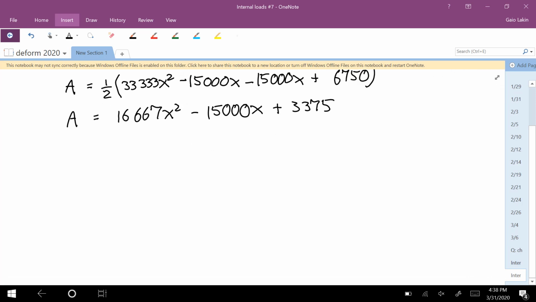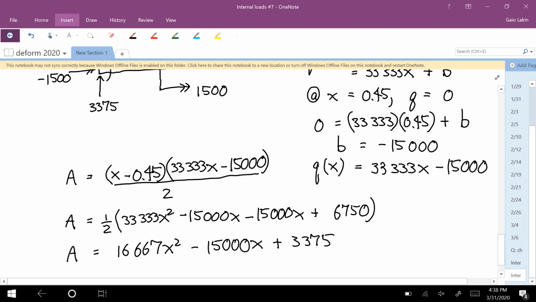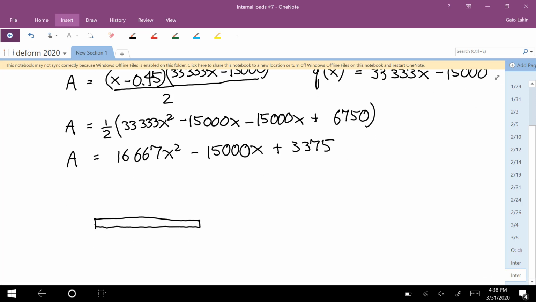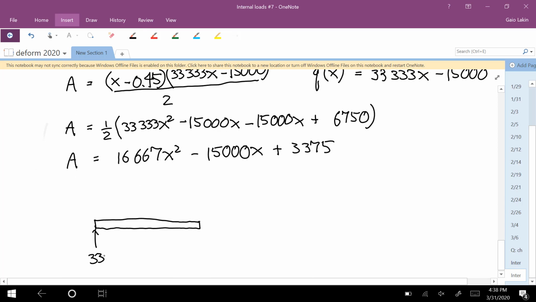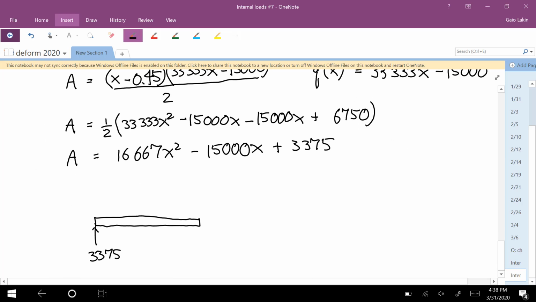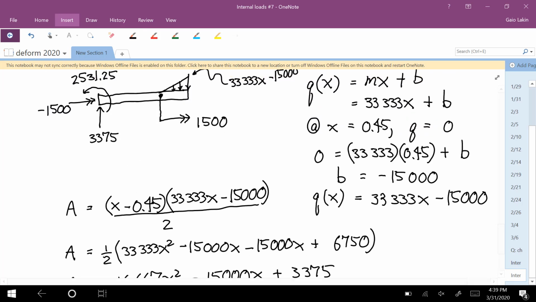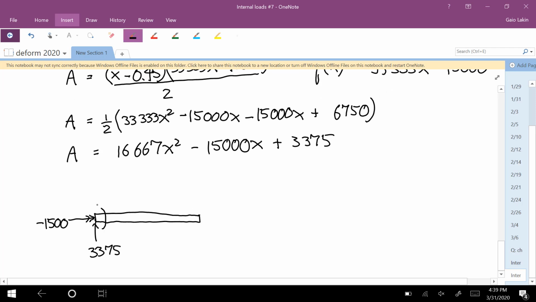All right, so let me redo this free body diagram. We have the upward force of 3375. We have the torque of negative 1500. We have the moment of 2531.25.